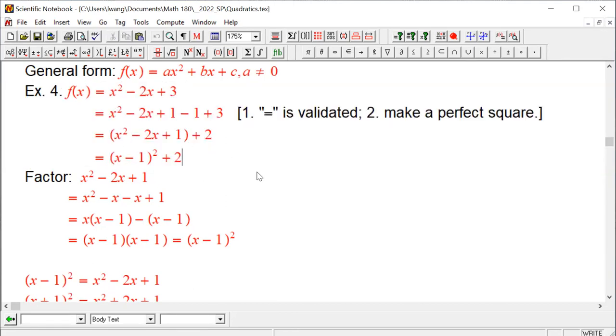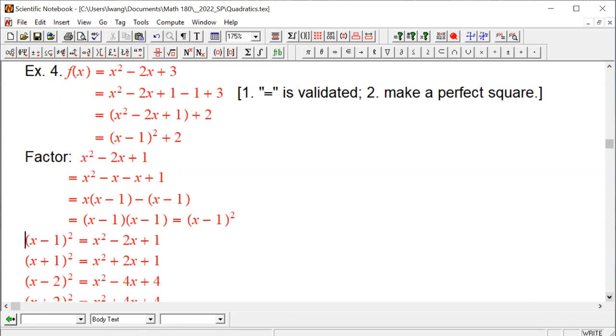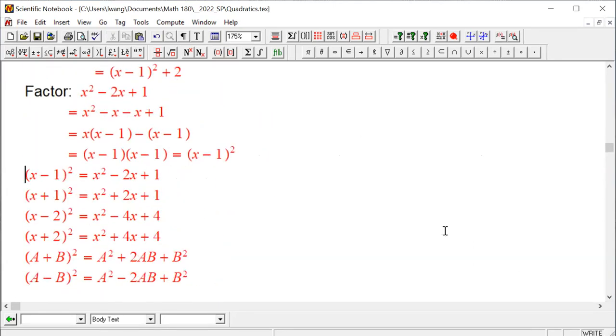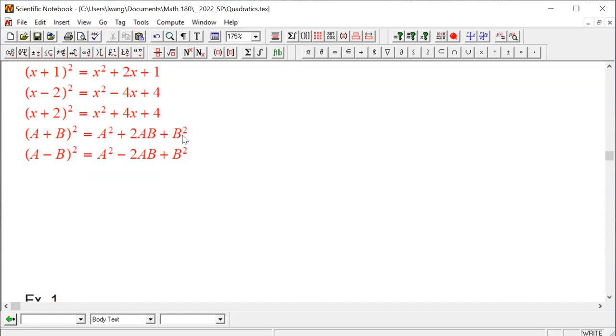This method is taught more often. And of course, there is the formula method, which I'm not going to talk about. If you are familiar with the formula method, it's very similar to the first one we talked about, but you have to memorize certain formulas.